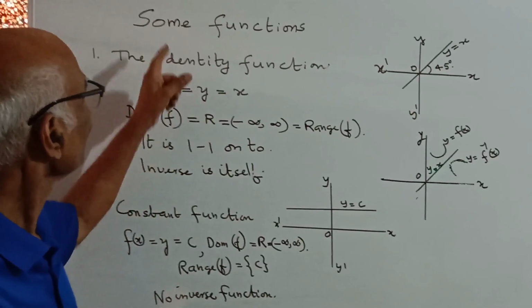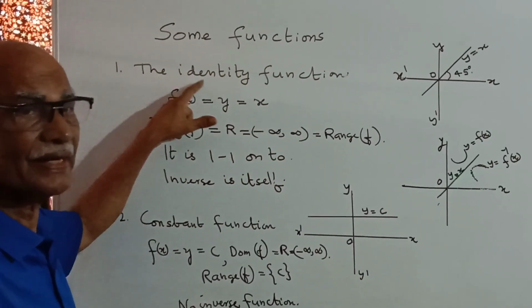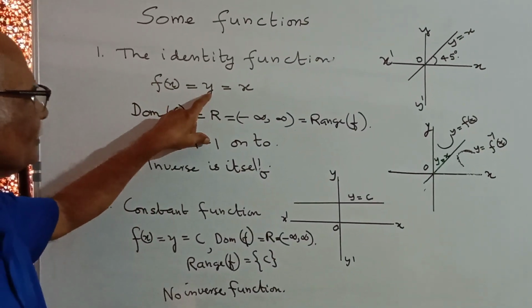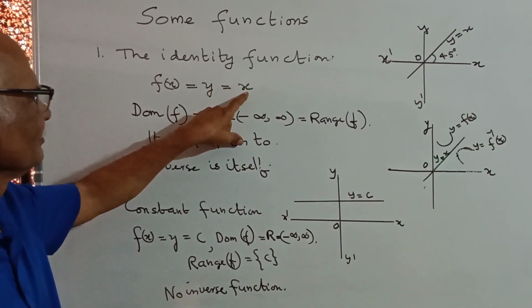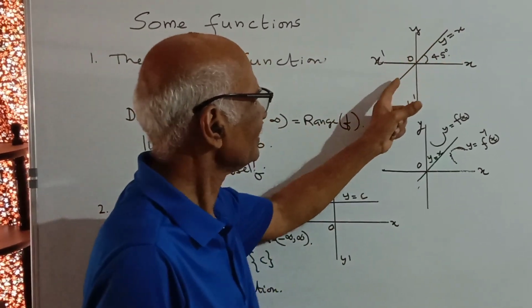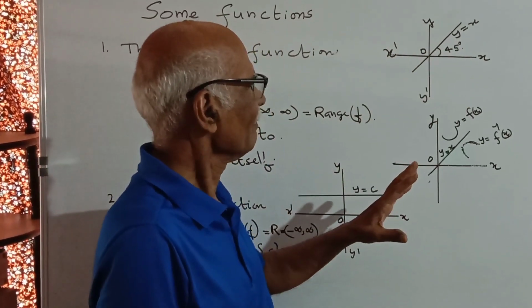Now we consider some function examples. 1. The identity function f(x) equals y equals x. You can see the graph of this function y equals x is a straight line making 45 degrees with the x-axis.